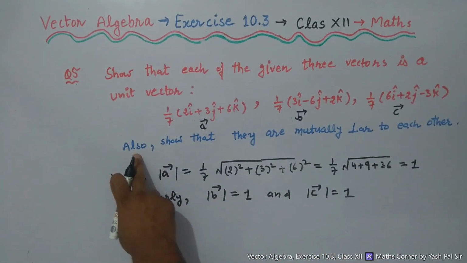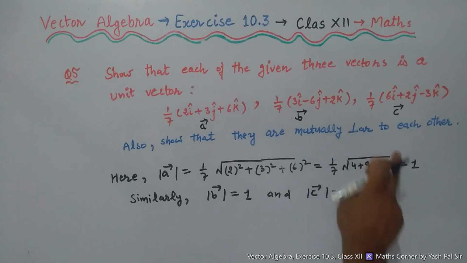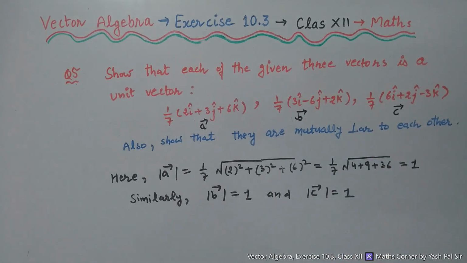Now the second part of the question is to show that they are mutually perpendicular to each other. So for this purpose we have to find the dot product.